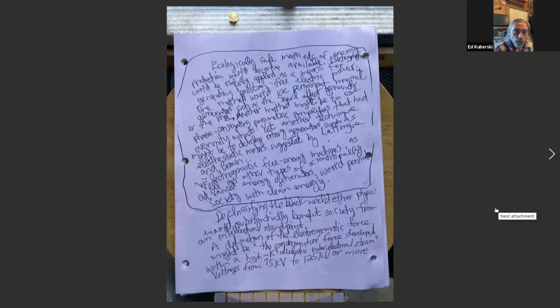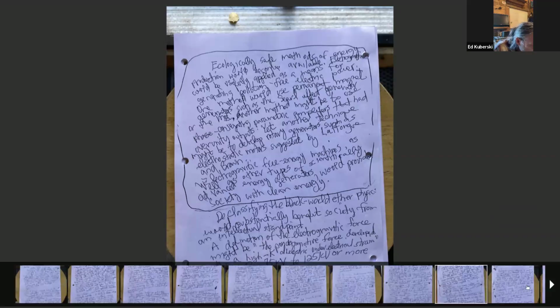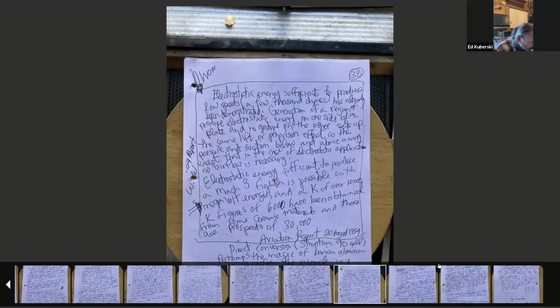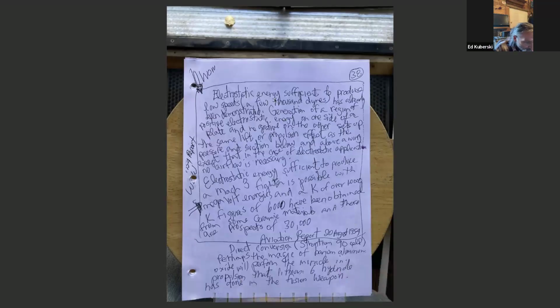All right, a couple more. Electrostatic energy sufficient to produce low speeds, a few thousand dynes, has already been demonstrated.